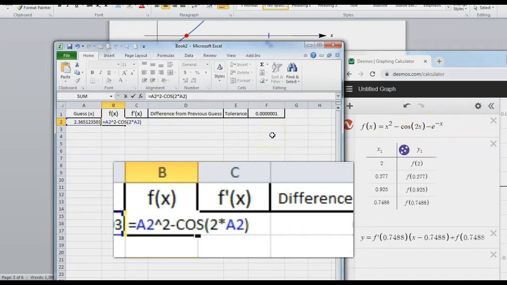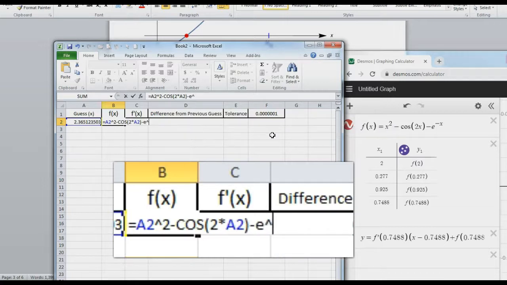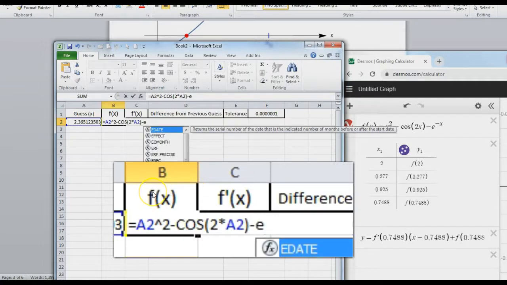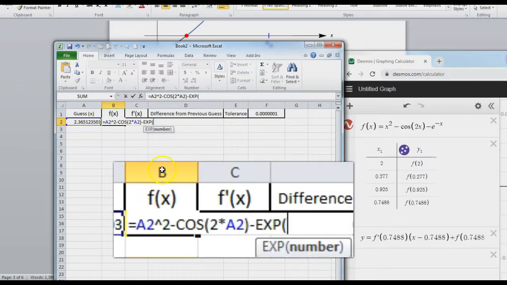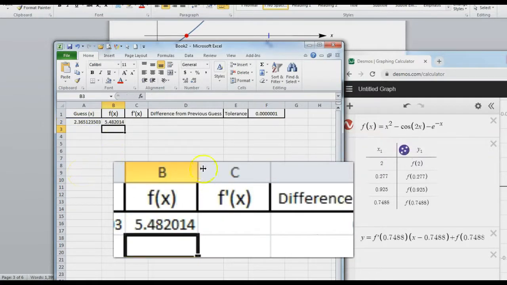You can't just use e here. If you just type e, it starts giving you these commands. So you can't do e to the power of. You actually need this one right here, exp. That's e to a power. And then inside of there I need negative x. So a negative sign, and then I can click the number. Close that off, and there's my function output.